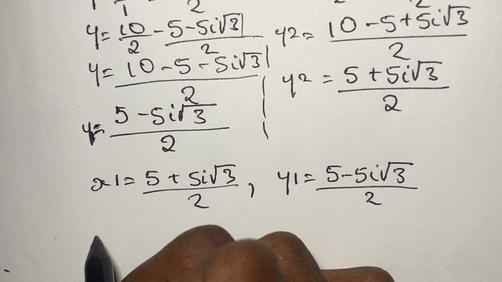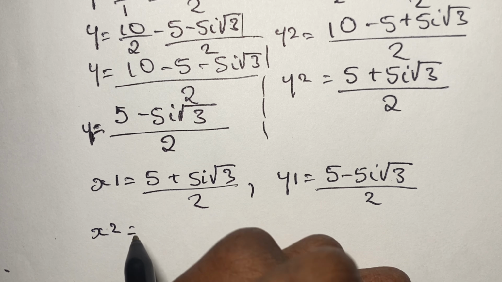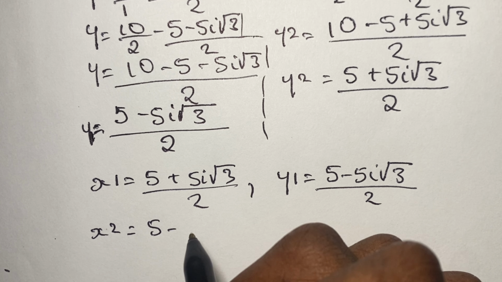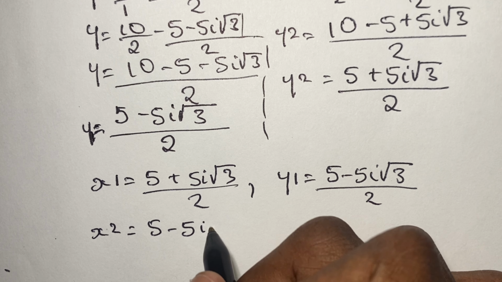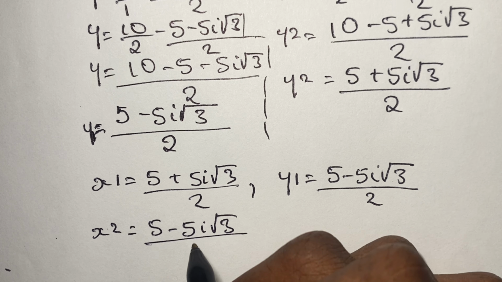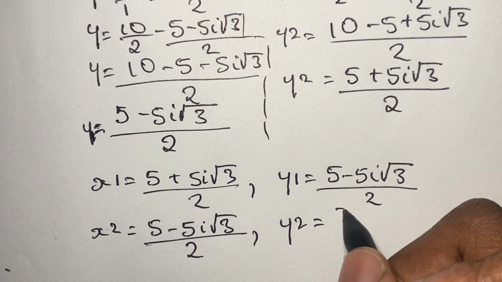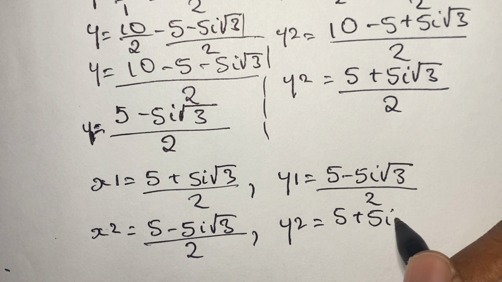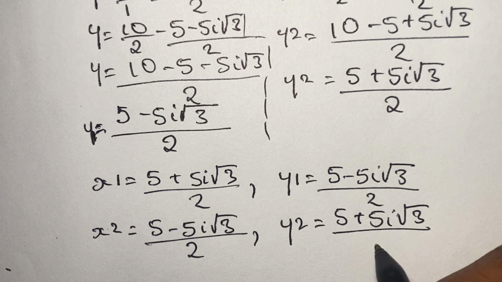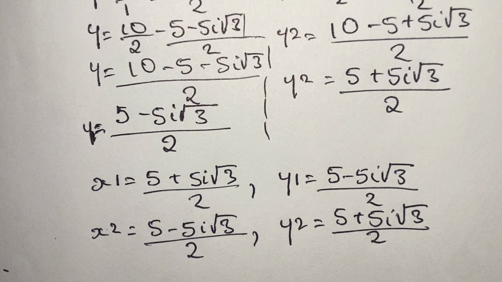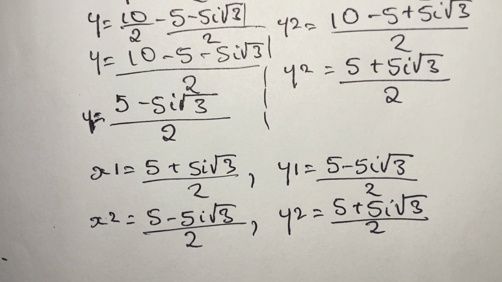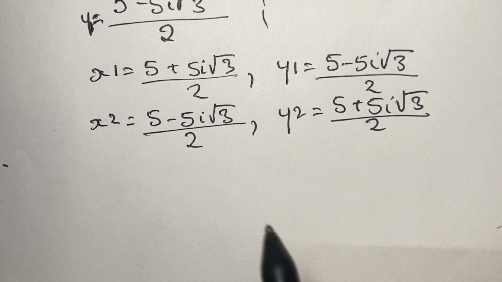So this is our first pair of solutions. And for our second pair of solutions, where we have x2, y2, the second solution of x is that x is equal to 5 minus 5i times the square root of 3 over 2. And y2 is equal to 5 plus 5i times the square root of 3 over 2. Now from here we can actually verify our solution sets.